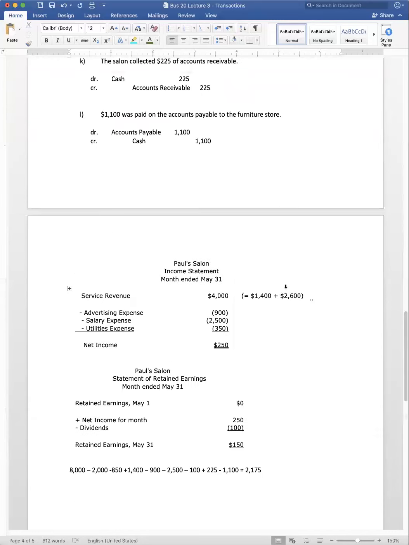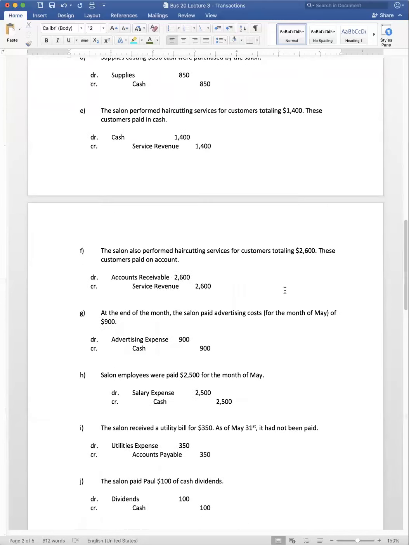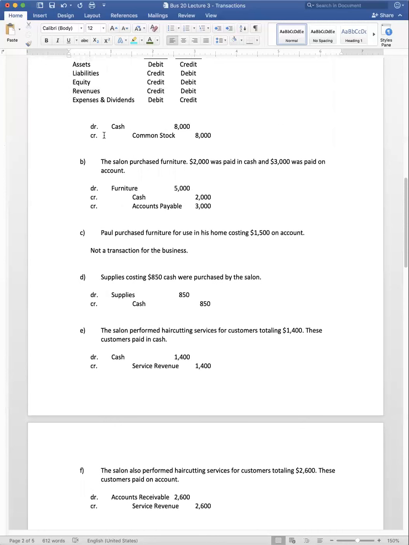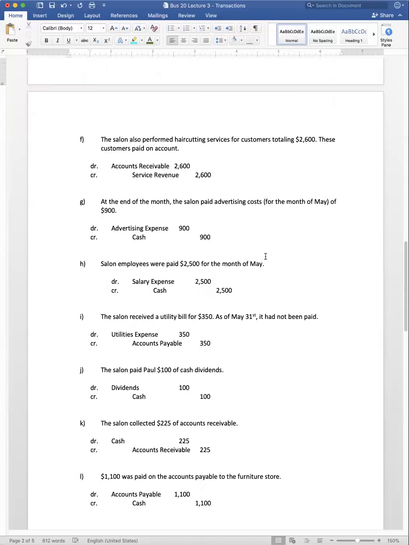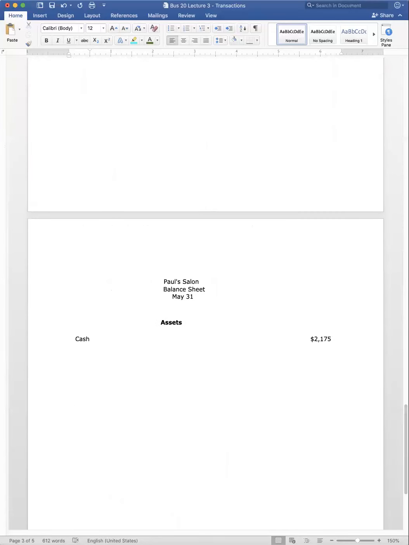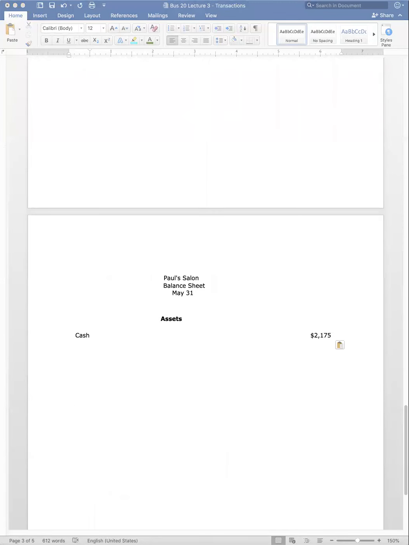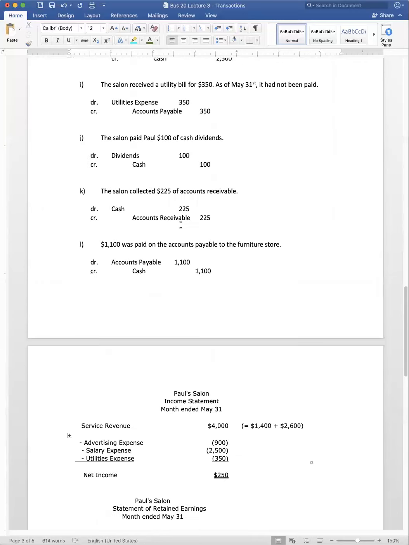All right, now what other assets do we have? Well, let's see. If we go down the list, furniture. Furniture is an asset. We have $5,000 of furniture. So let's put that here on our balance sheet. All right, so we have $5,000 of furniture. Now we have some other assets too.